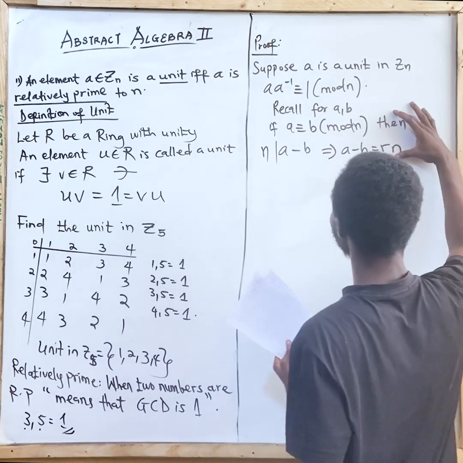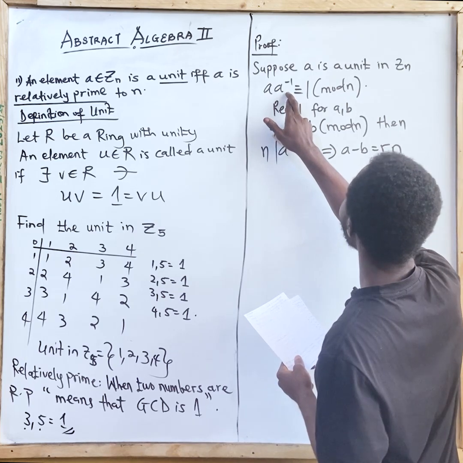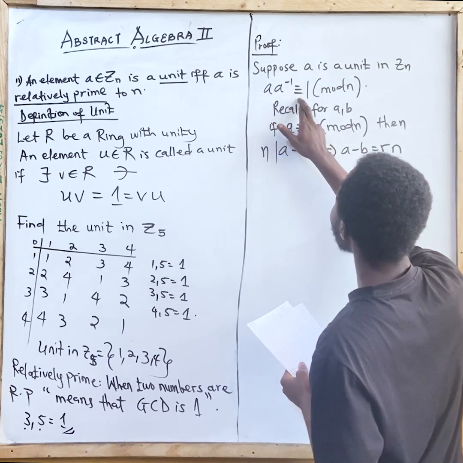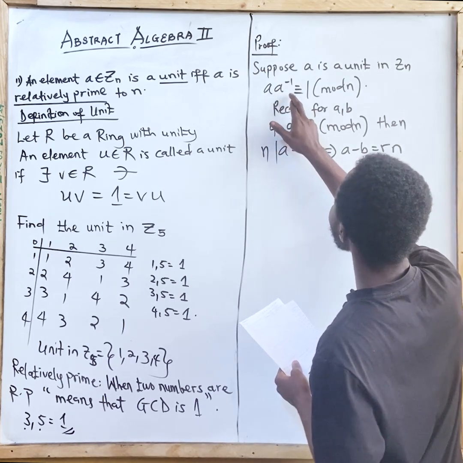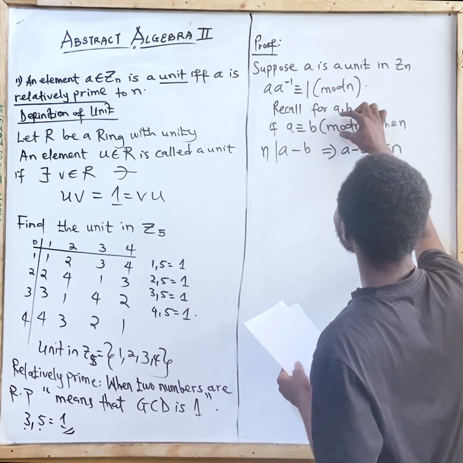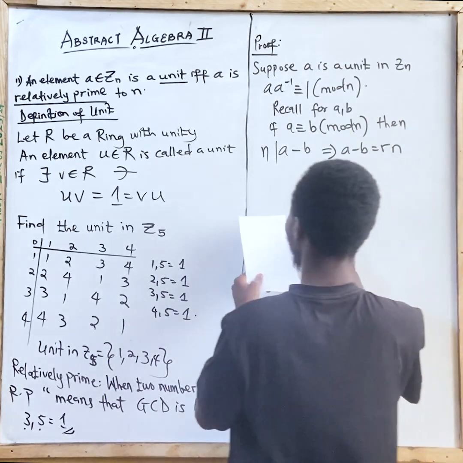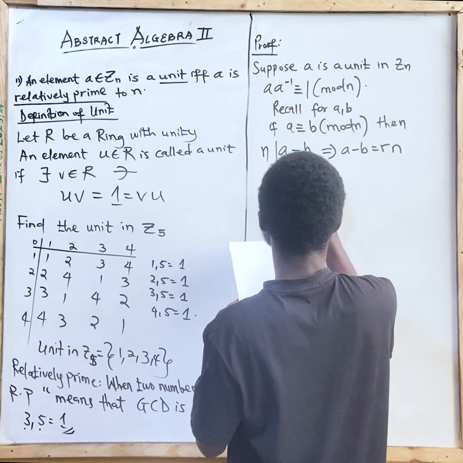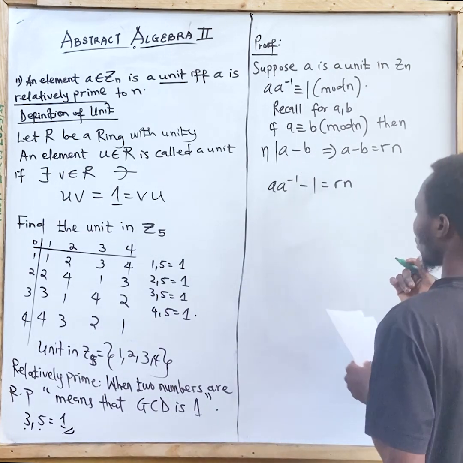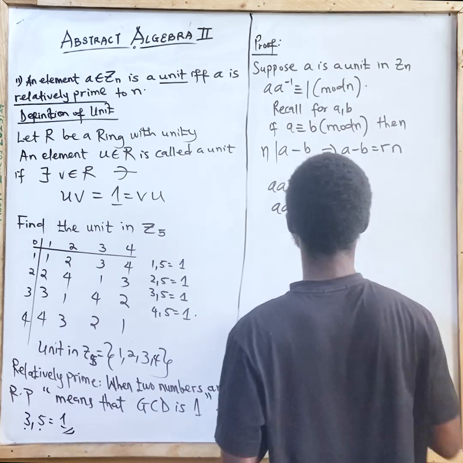So now that we understand this concept, let's go back here. If A and the element that is relatively prime to it, okay, if this is true, and I've shown you that A is congruent to B mod N. So if I'm going to show this also in this concept, then I'll have something like this: A inverse minus 1 equals R times N. So I can bring this here, then I have A inverse minus Rn equals 1.